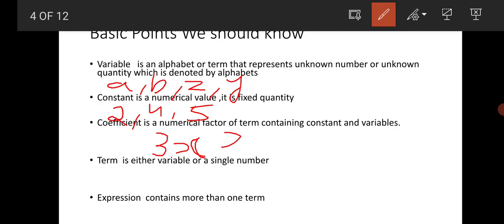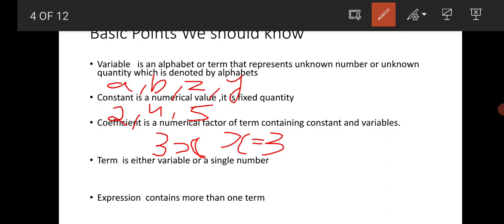The coefficient of x is equal to 3. One term containing a constant and variable, the term's numerical factor is the coefficient.